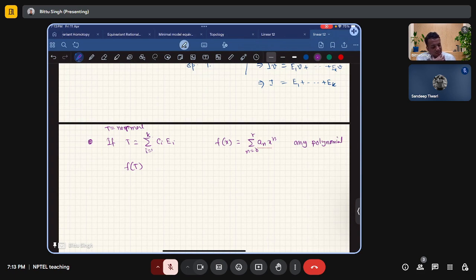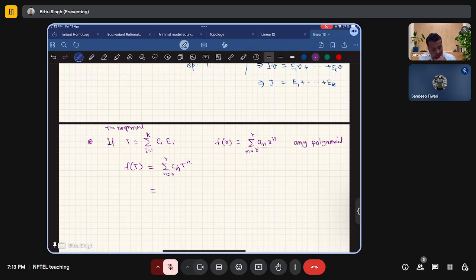Then f(T) is obtained by replacing x by T, so it is the sum of an T to the power n, n equal to 0 to r.